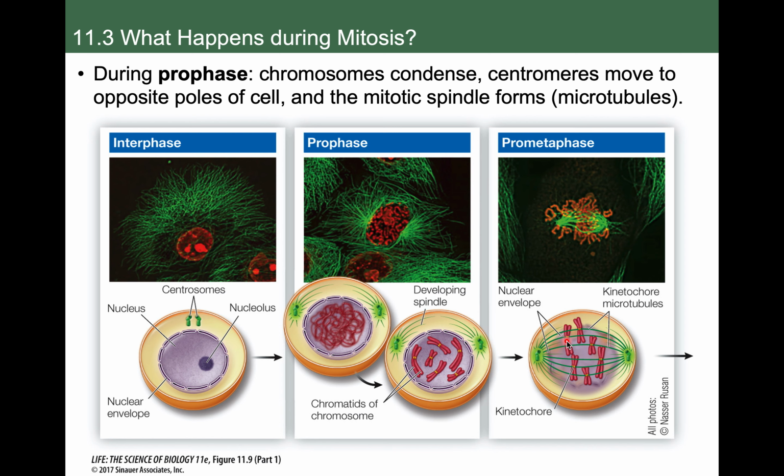Okay, so if we're going to segregate the chromosomes, we've got to get rid of the nucleus because they're trapped inside the nucleus. And remember, the nuclear envelope is just made of membranes, so we basically dissolve away that membrane, and now the spindle has access to the chromosomes, and those spindle fibers attach right at these points called kinetochores.